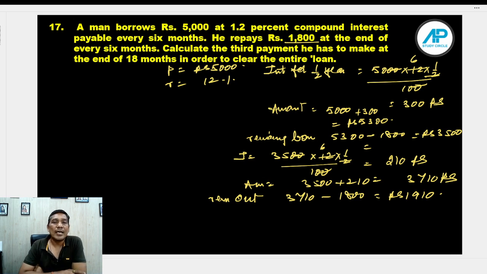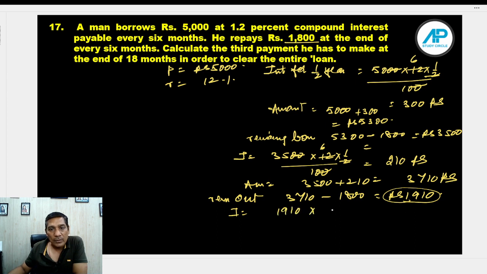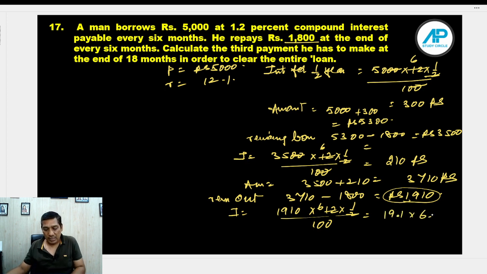The third payment he has to make at the end of 18 months in order to clear the entire loan. So again, find the interest for the third time on this value. So 1910 into 12 into 1 upon 2 upon 100 is 6 times. You got 19.10 into 6, which gives me rupees 114.6, and I should find the final amount.